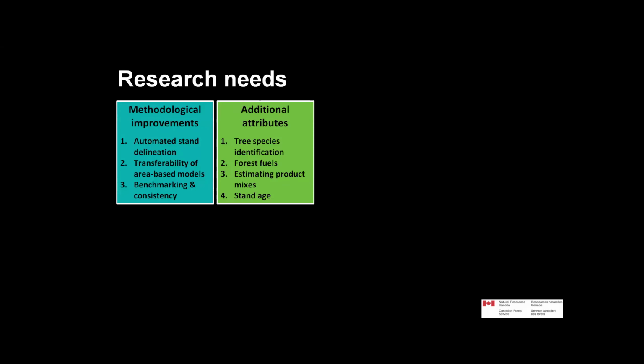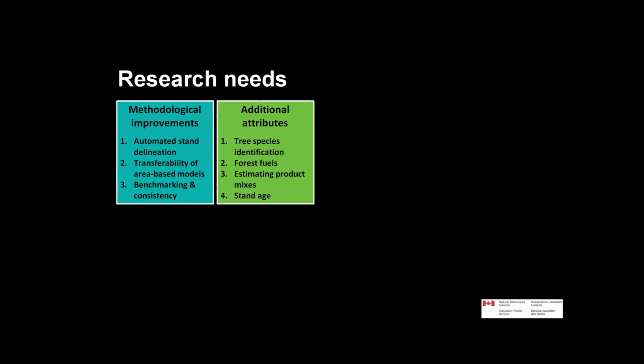So in terms of research needs, through our consultations with jurisdictions, we found 6 areas really that are research priorities. The first is methodological improvements, so automated stand delineation, transferability of models, and then benchmarking and consistency. We've heard about all those things today.